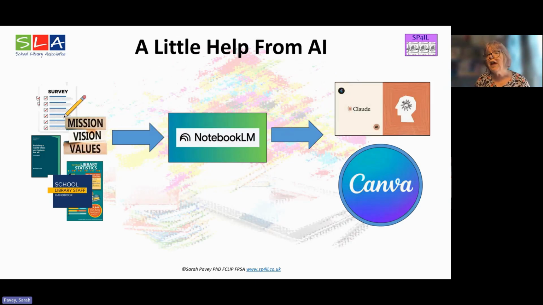When you've got the whole thing together, I would recommend, because Notebook LM is all right, but it's not particularly beautiful or pretty, you'd still have to do a lot of work with it.